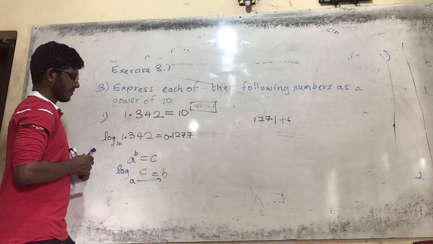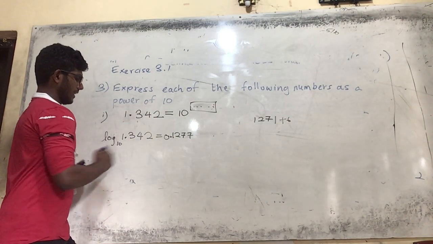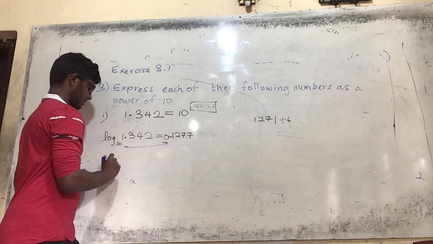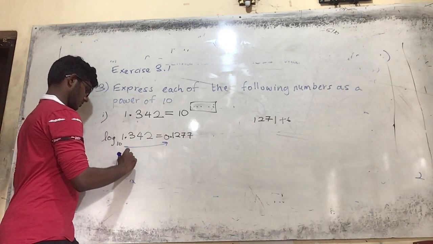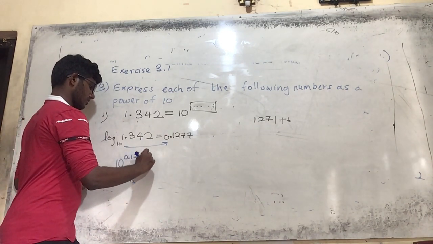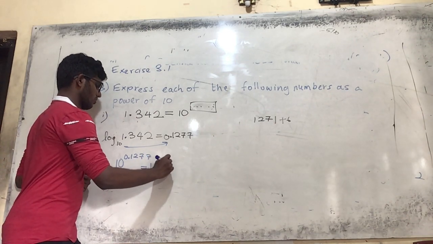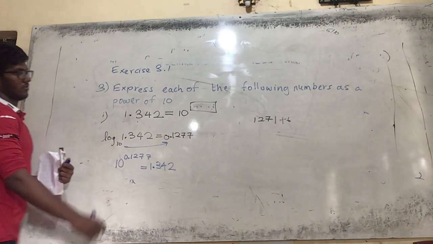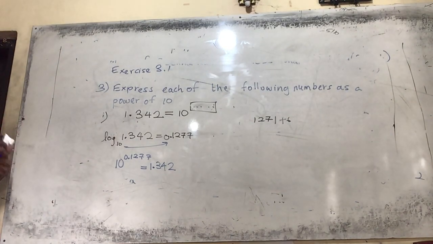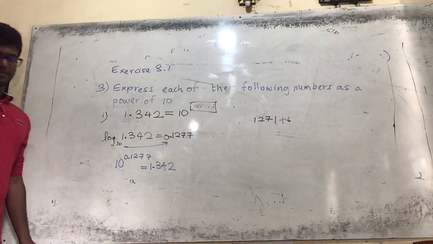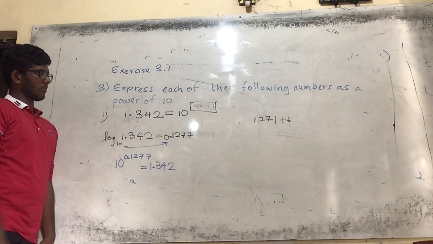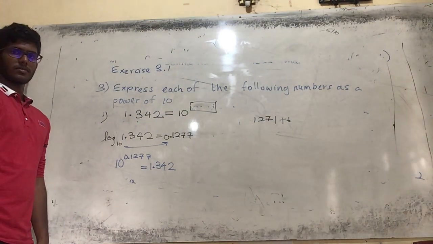Same thing here: 10 to this power is equal to 1.342. So write this down.